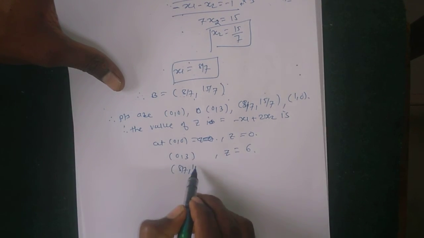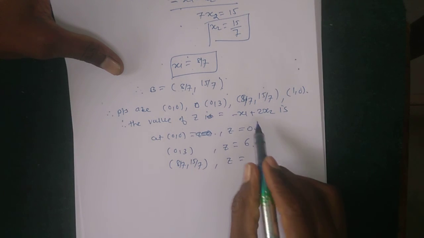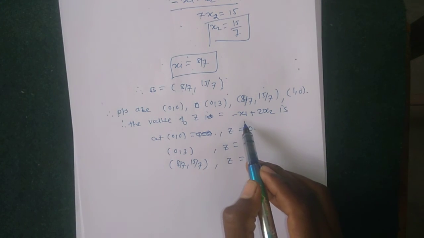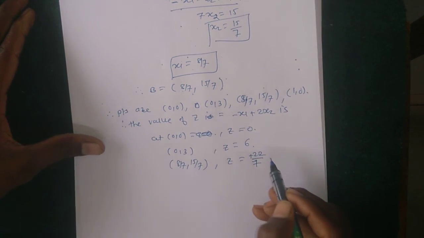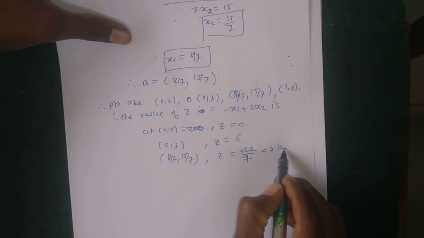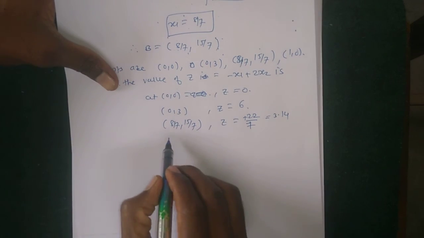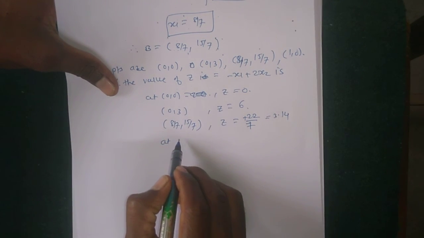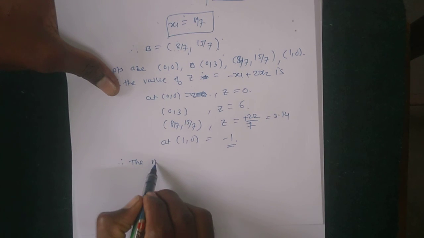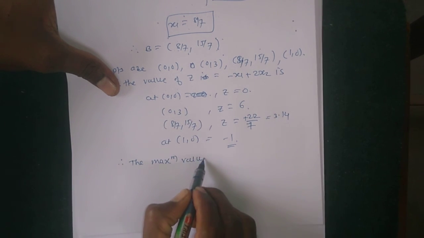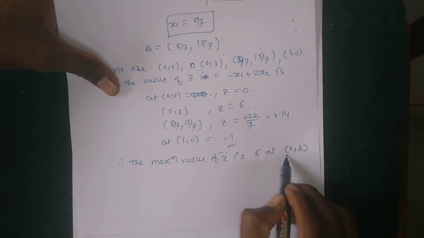At 8 by 7, 15 by 7, the value of Z is minus 8 by 7 plus 30 by 7, which is 22 by 7, about 3.14. At the next point 1 0, the value is minus 1. Therefore the maximum value of Z is 6, at point 0 3.